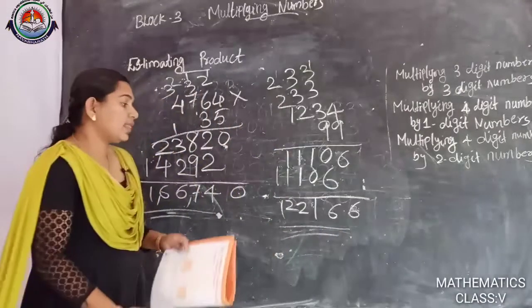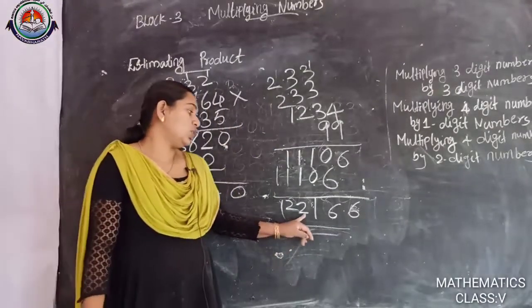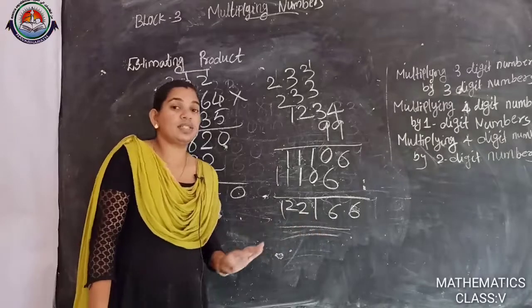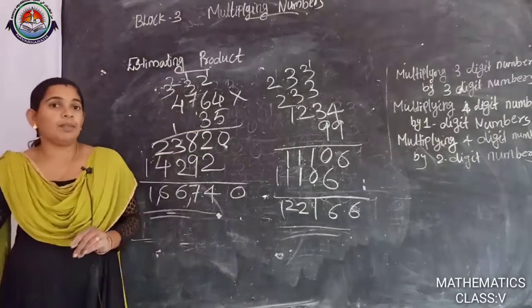So how many words are there? 1,22,166 words are there. Okay.